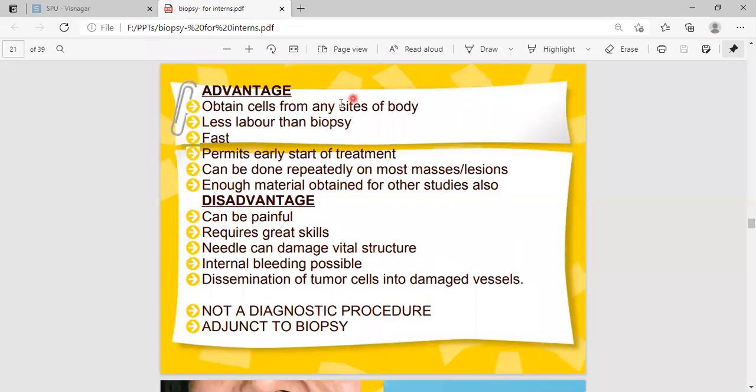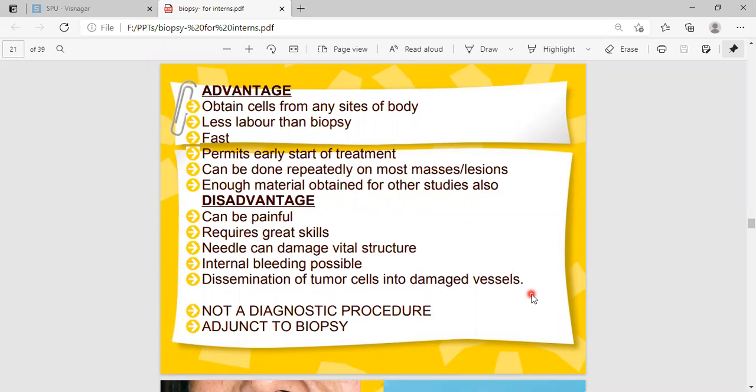The advantages: you obtain cells from the sites of the body, and there is less work than the biopsy. It is fast and permits early treatment. It can be done repeatedly for most masses or lesions. Enough material is obtained for other studies also.